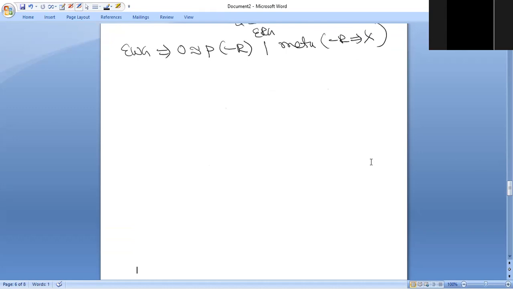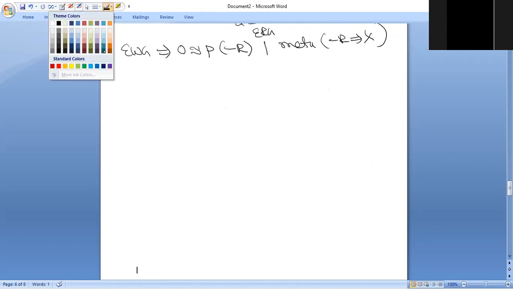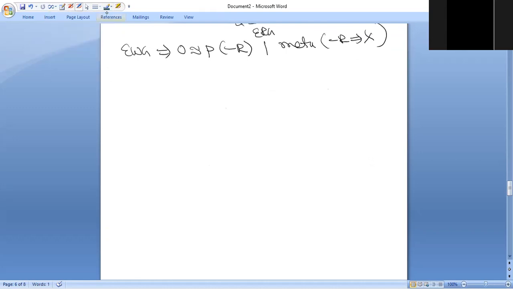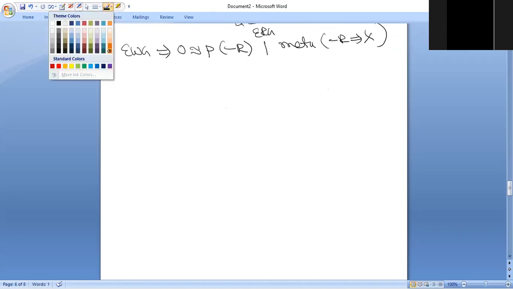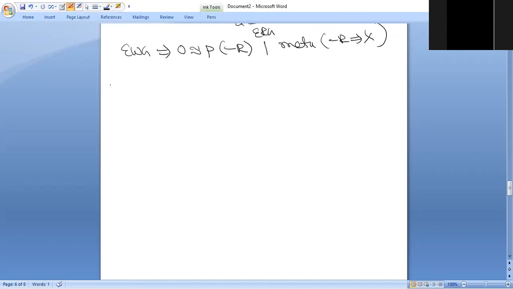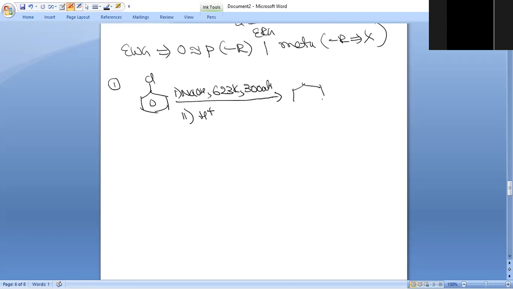And here, taking the first one, SN reaction related. They have taken chlorobenzene and treated it with aqueous NaOH. We require 623 Kelvin and 300 atm pressure, followed by hydrolysis. You get phenol.